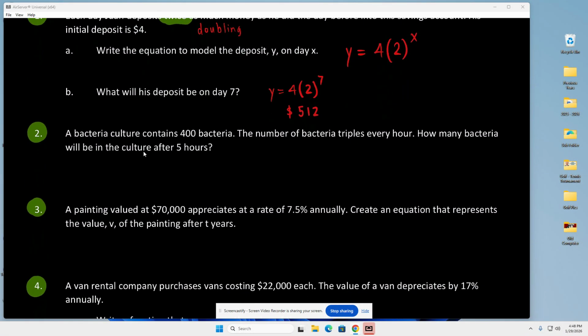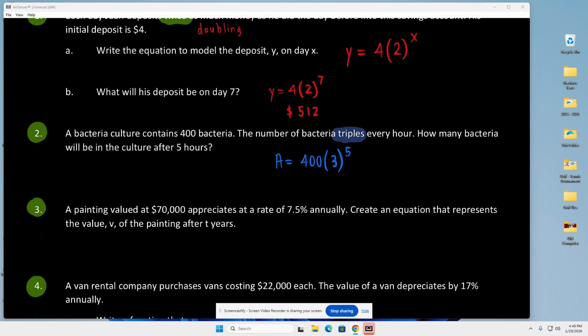Look at number 2. A bacteria culture contains 400 bacteria. The number of bacteria, there it is. It triples. We're using our tripling formula. So how many will it be after 5 hours? So obviously this one doesn't ask me to write an equation. We're just going to go straight into solving. So here we go. A equals P. That's my initial amount, 400, times 3, because it's the tripling formula, raised to the 5th power.